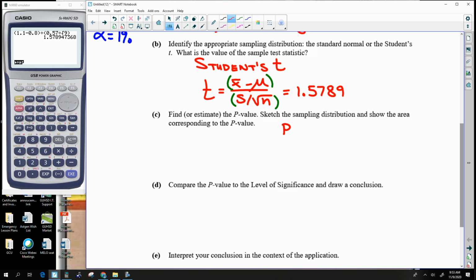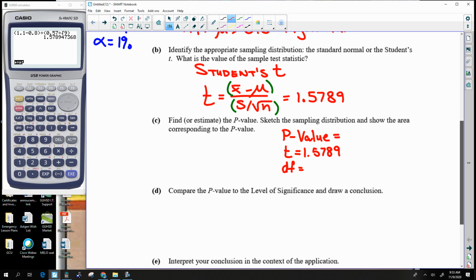So I need to now construct my p-value, and this is built upon the answer that I just got, which is a T of 1.5789. Again, to use the T table, I also need a degree of freedom, which is n minus 1. So this is going to be 8 in this particular problem.